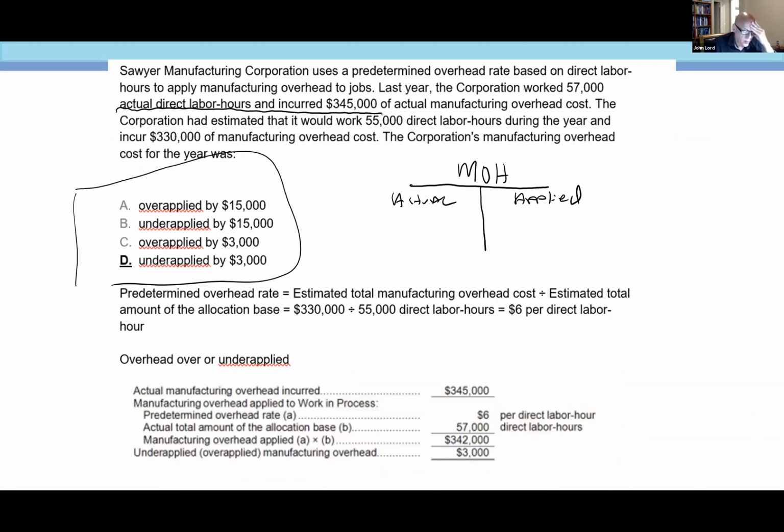Do you think I should do anything with that as soon as I read that? If they tell me that the actual was 345,000, should I do anything with that? You should put it under the actual amount. Good. I mean, if taking an exam is a fight and you're getting beat up by 2 or 3 different people, who would you hit first?